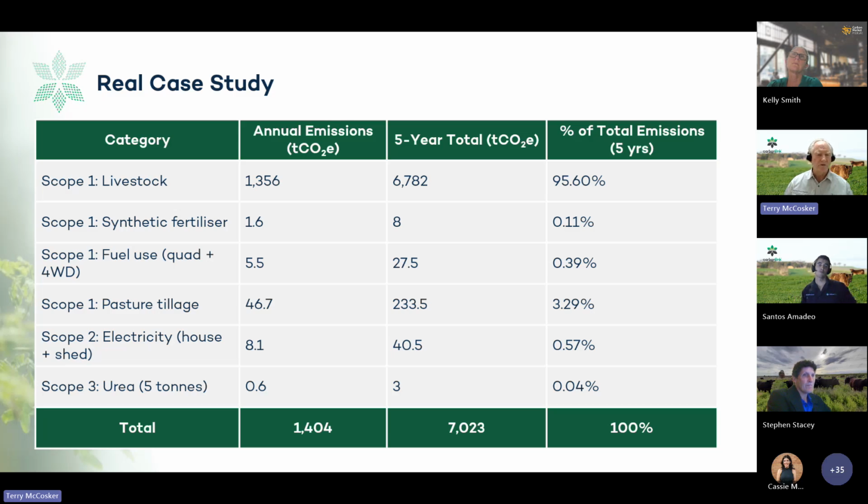So you can see here that the Scope 1 livestock emissions is 95% or nearly 96% of all the emissions on that property. And there's very minor emissions from fuel and synthetic fertilizers and tillage, et cetera, and a bit of electricity. So they're very minor compared to counting the methane emissions.